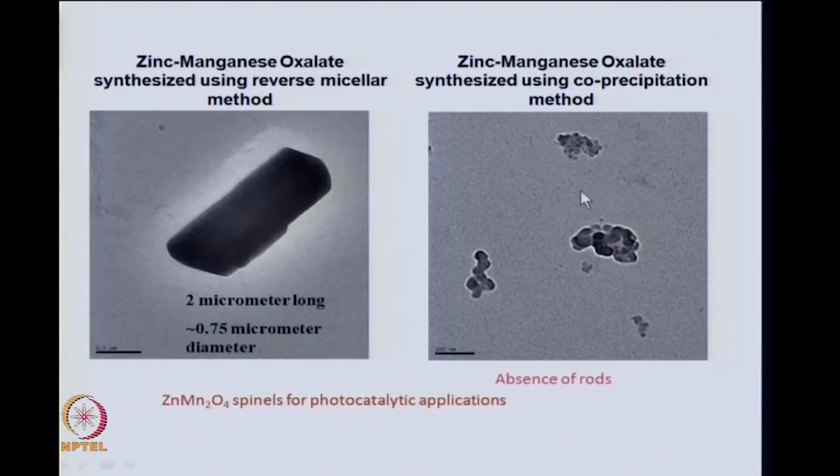On the right side, we have used the same conditions for making the same compound using the co-precipitation method, where we do not have any surfactants or microemulsion.